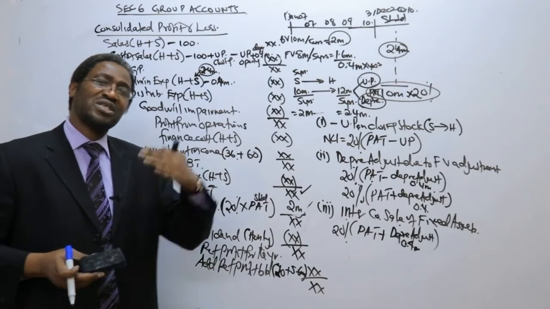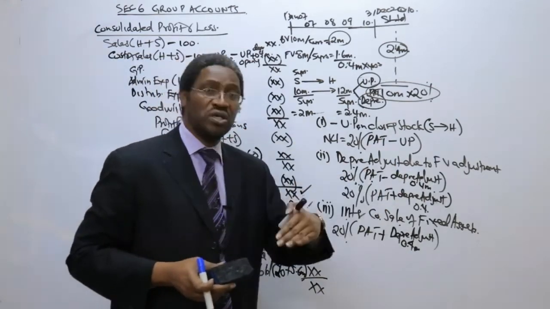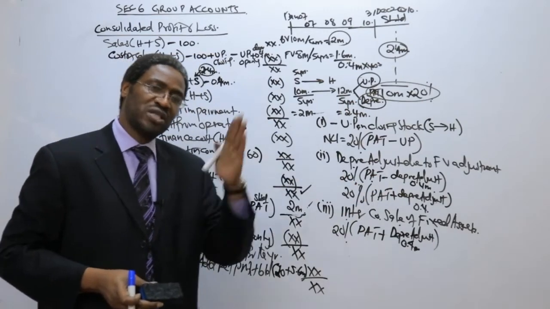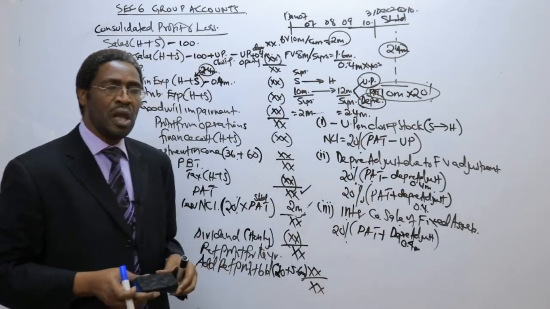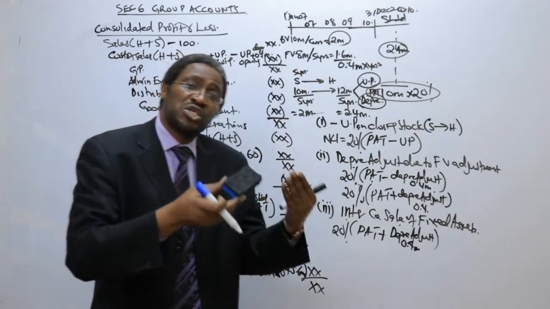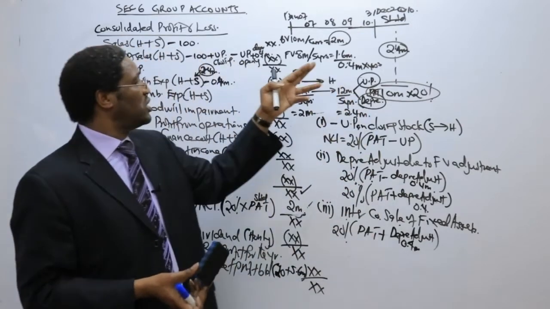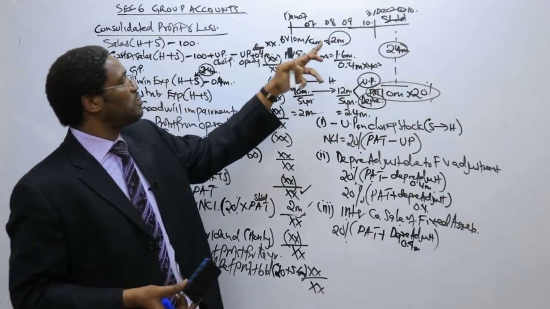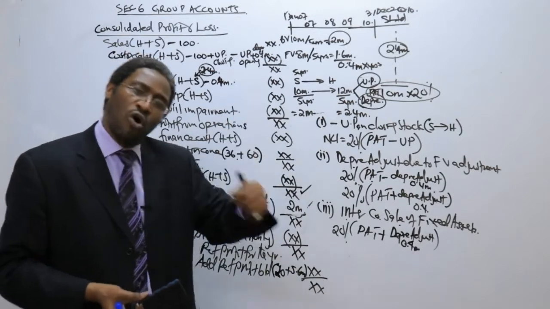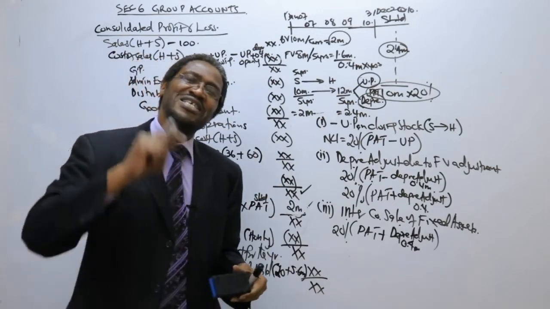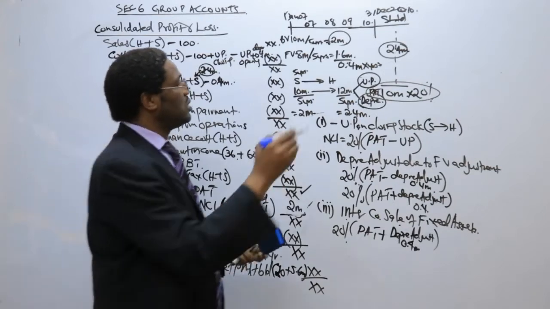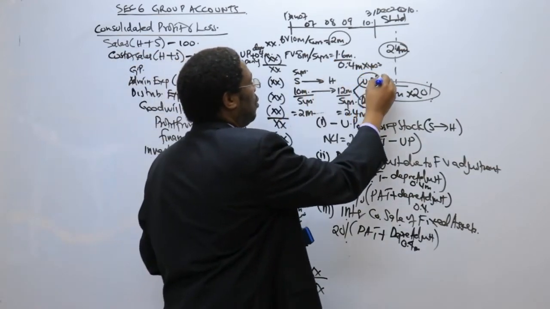It is not the subsidiary, it is the holding, because it's the holding company that bought that fixed asset. But on their own, the subsidiary company, being the ones who sold the machine, which cost them 10 million, sold it to their holding company for 12 million, it means the subsidiary company recognized a profit of how much? 2 million. They recognized a profit of 2 million.